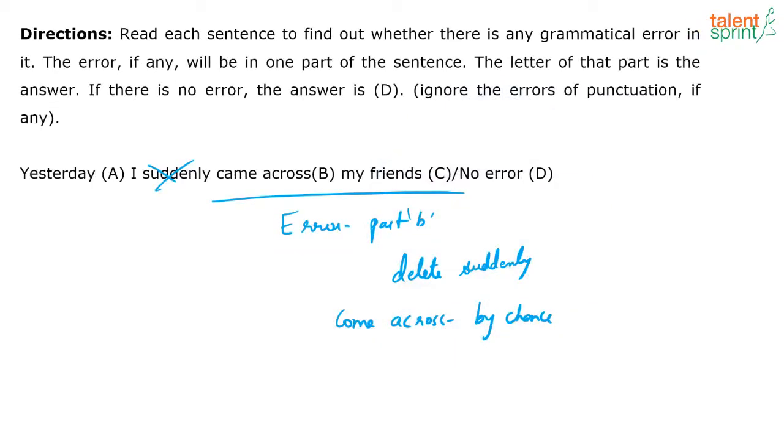To come across someone or something means by chance it happened. It wasn't a planned thing, right? It was an accident. So accidentally when I was cleaning my cupboard, I came across an old photo of mine. Are you following? Let's look at a couple more contexts.